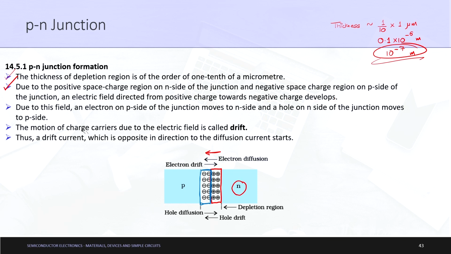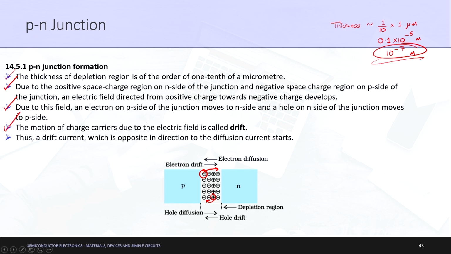Due to this field, let us understand this clearly, an electron on the p side of the junction moves to the n side, and a hole on the n side of the junction moves to the p side, quite clearly. The motion of charge carriers due to the electric field is called drift.